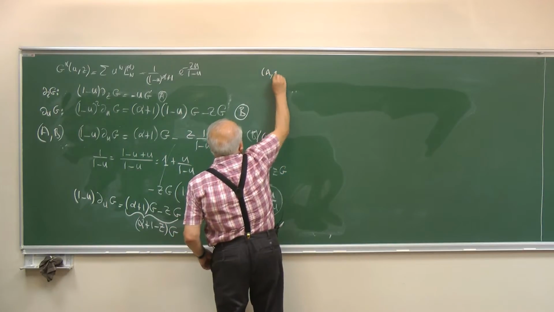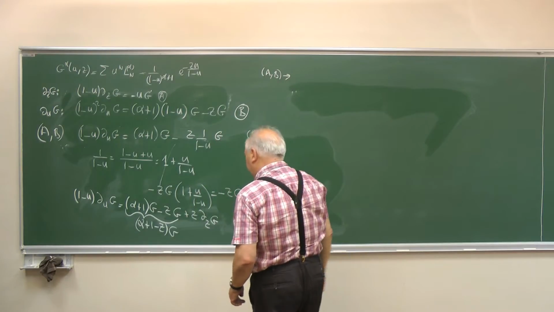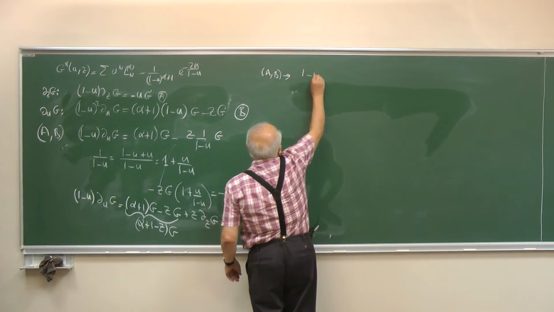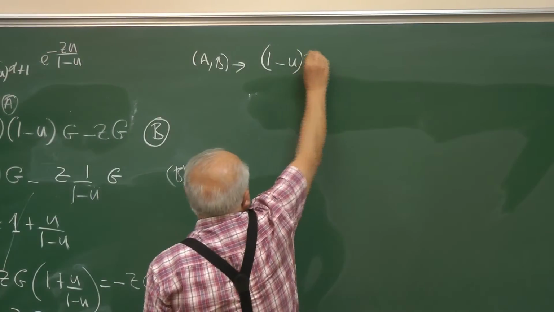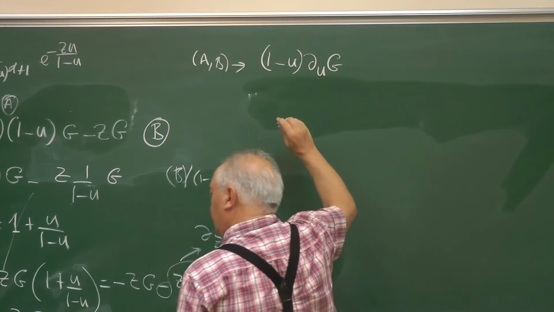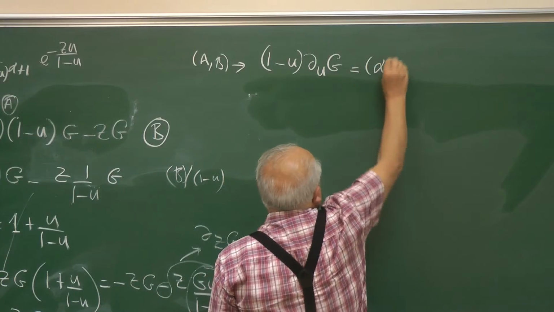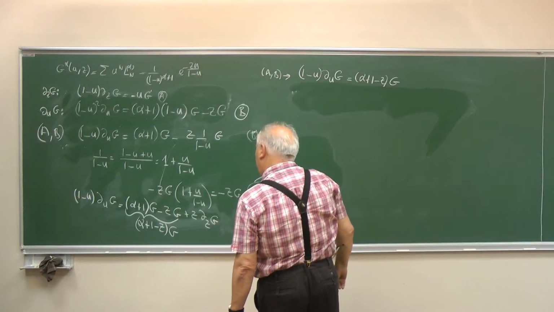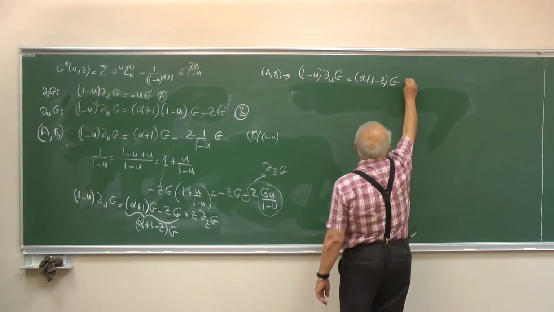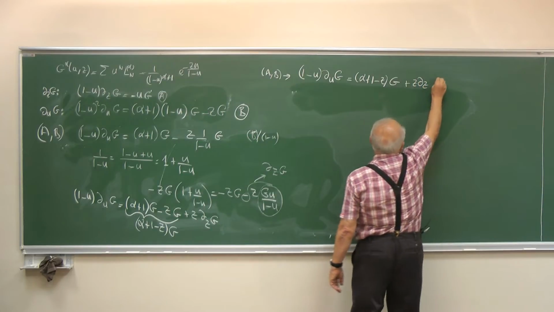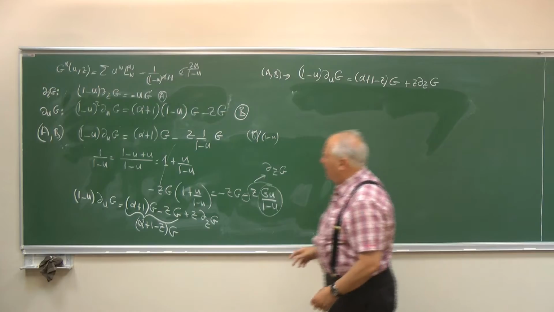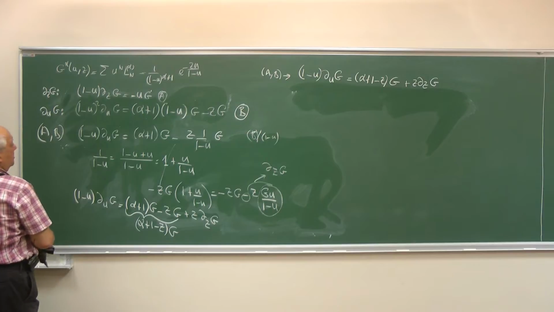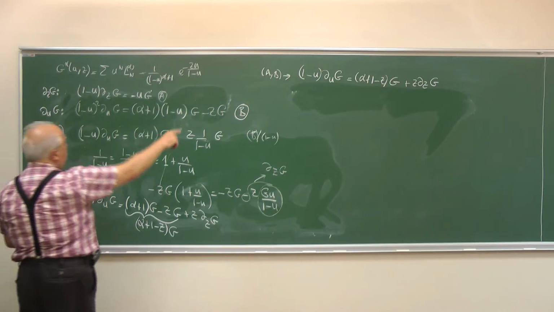AB gives a relation between the derivative with respect to u and with respect to z. (1 minus u) delta u g, that's equal to (alpha plus 1 minus z) g plus z delta z g. I am erasing the rest. This is the derivation, that's the result.